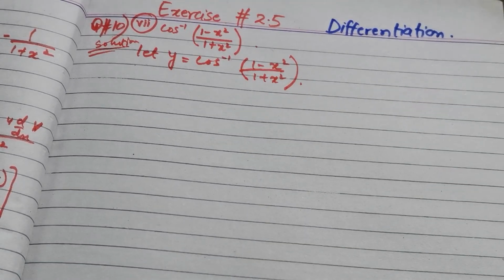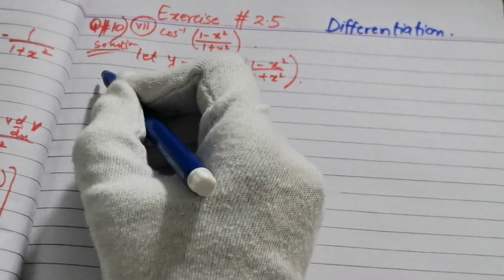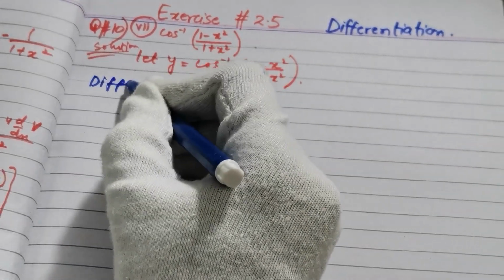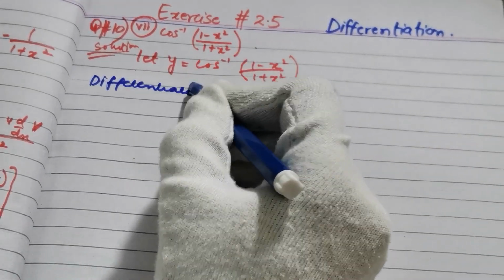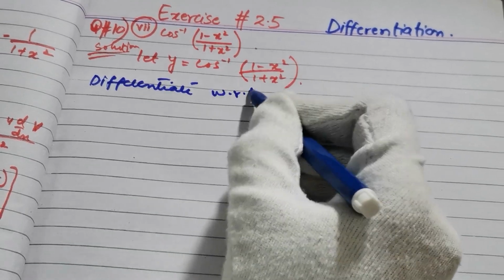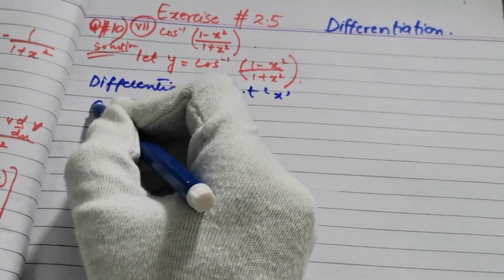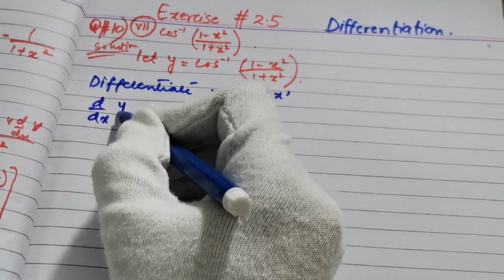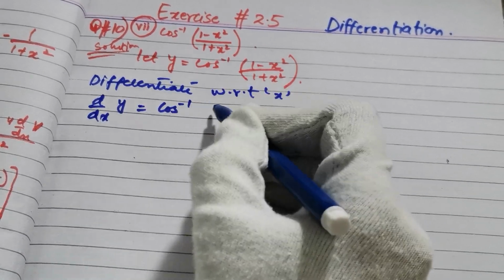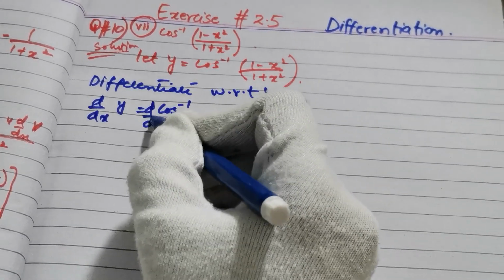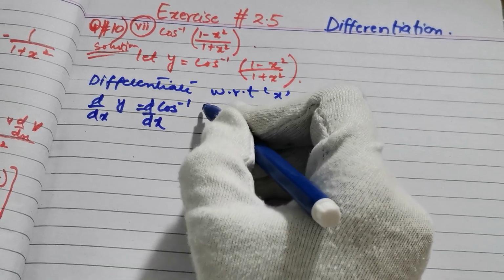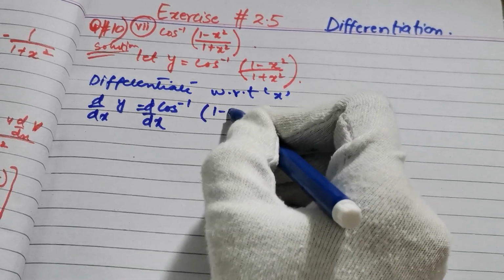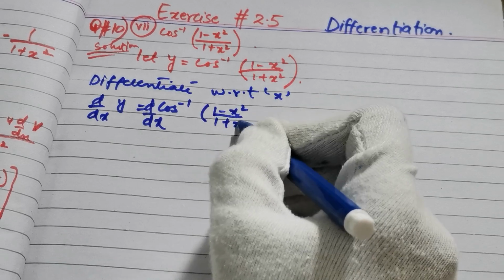We can see that the variable is x, so we'll differentiate with respect to x. d by dx of y is equal to d by dx of cos inverse of (1 minus x square) divided by (1 plus x square).